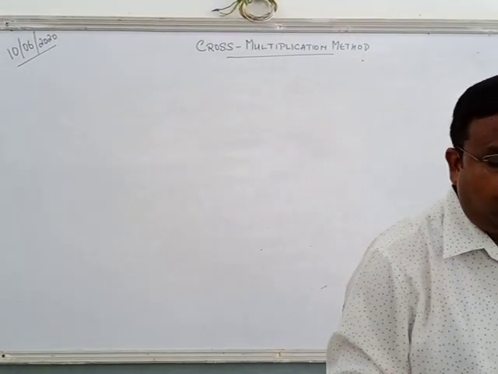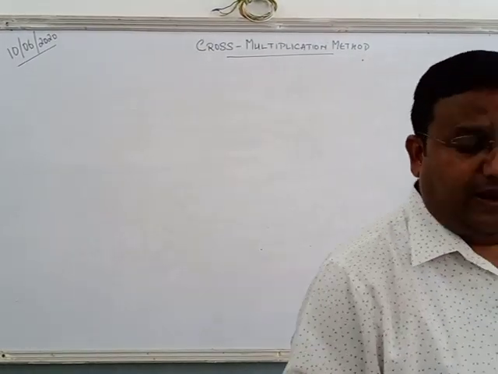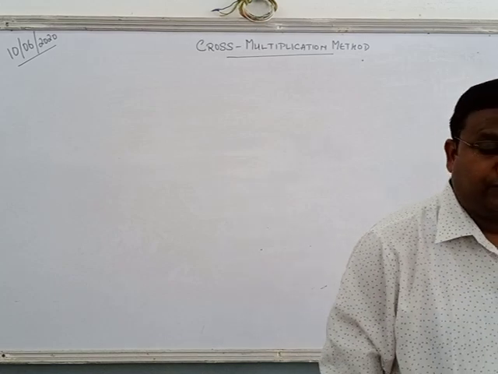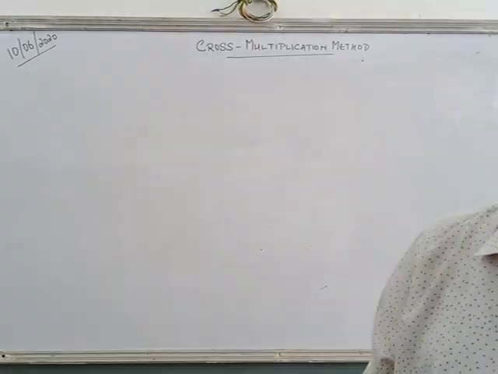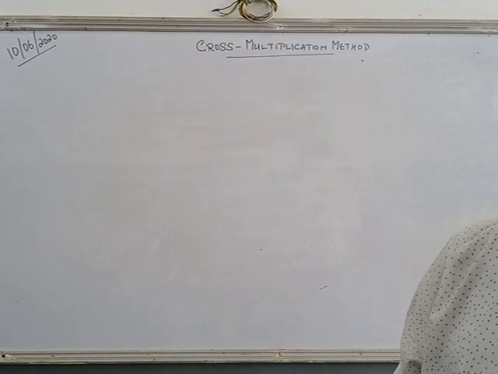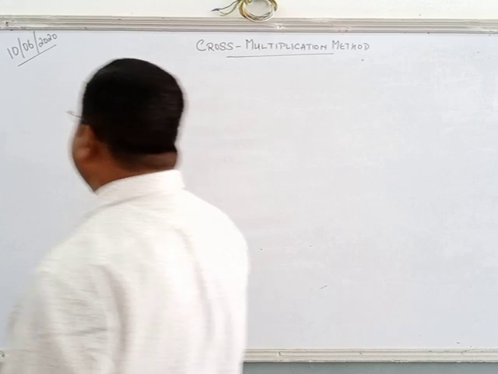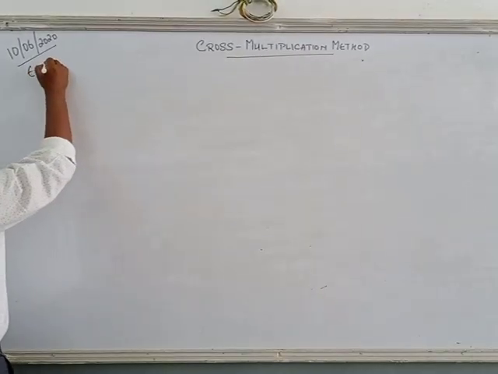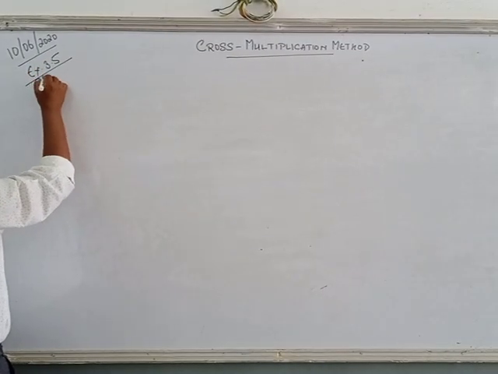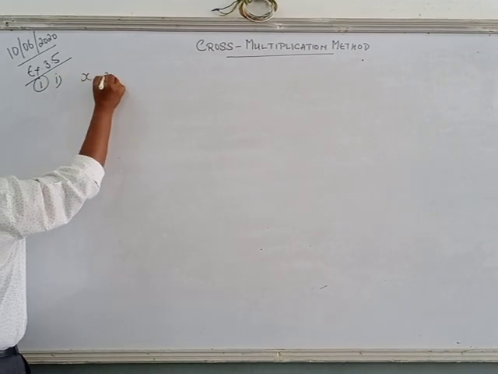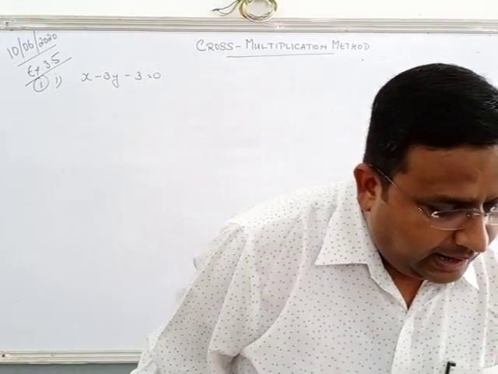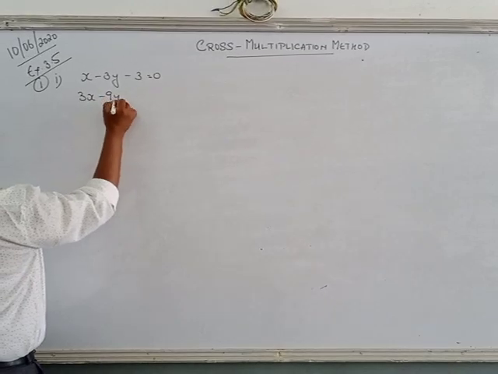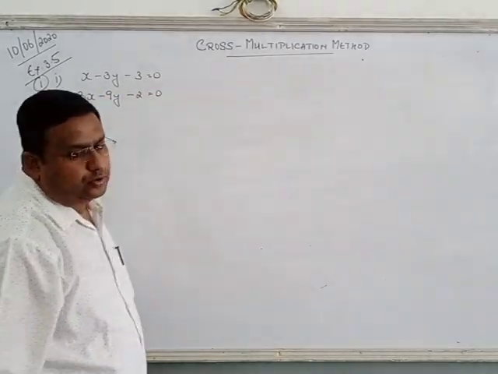For example, in exercise 3.5, first question, you will find 4 parts. Take a look at the first part: x minus 3y minus 3 equals 0 and 3x minus 9y minus 2 equals 0.